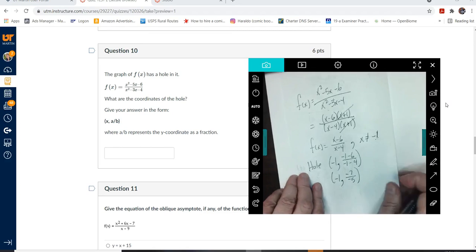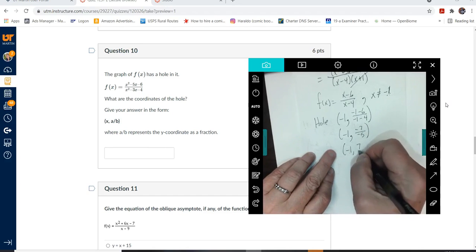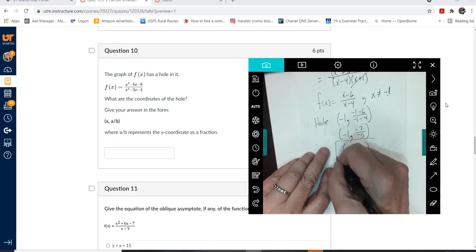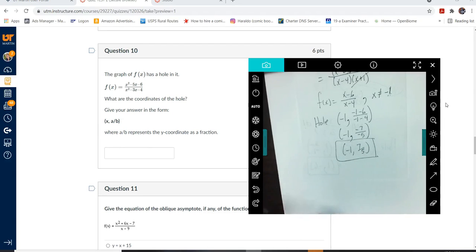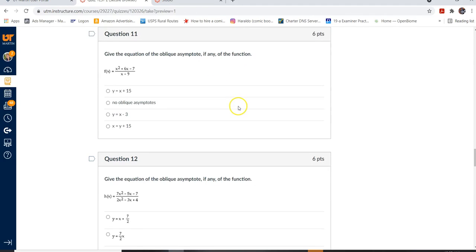The negative signs cancel. That is the hole. So that's what I'm going to enter, negative 1 comma 7/5. All right. Now we want the equation of the oblique asymptote.